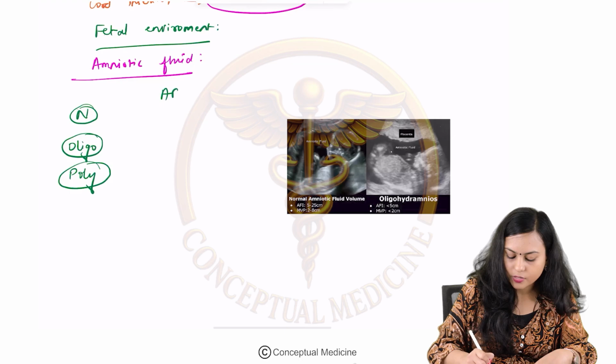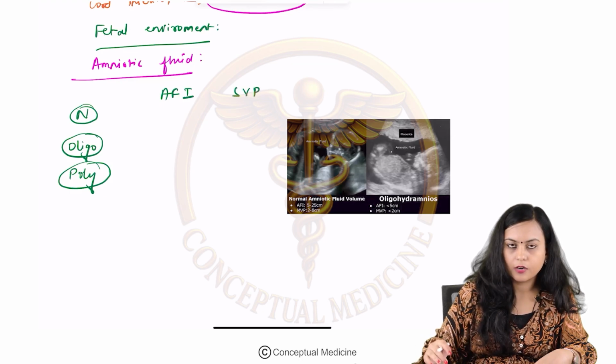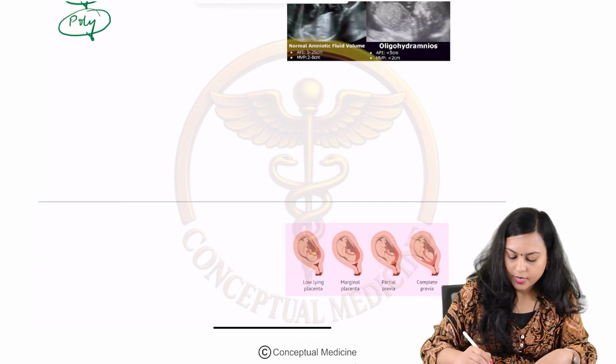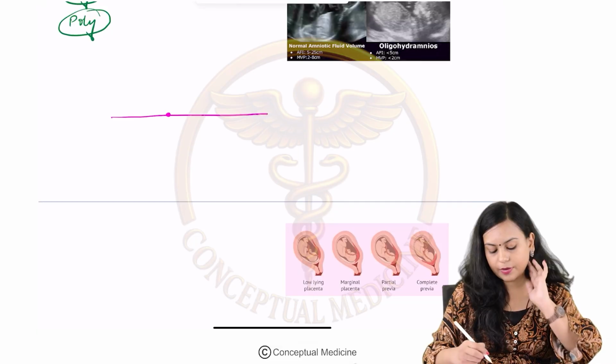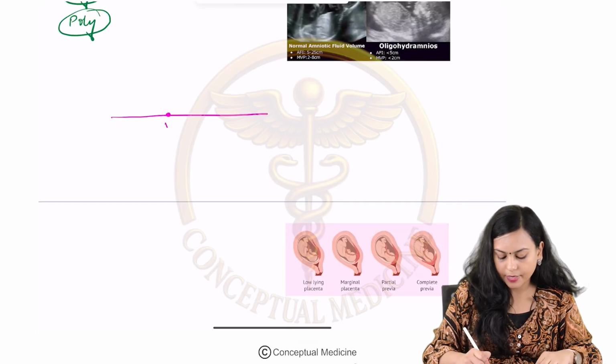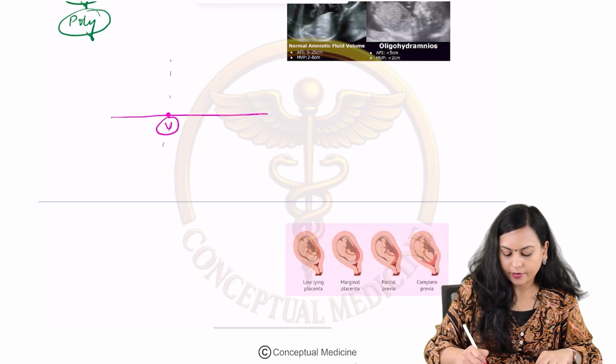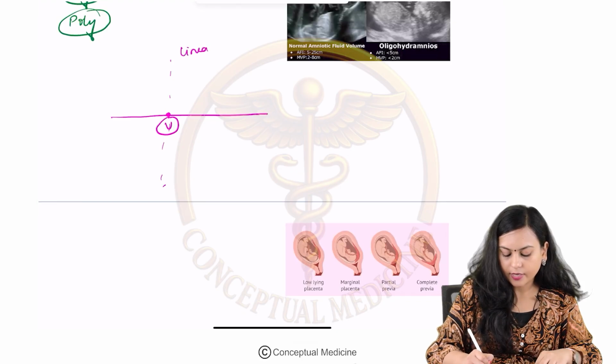We have two measurements, one is amniotic fluid index and another one is single vertical pocket measurement. In the amniotic fluid index, we'll be dividing the abdomen into 4 quadrants by taking a line passing through the umbilicus as well as the linea nigra. So this is the linea nigra.